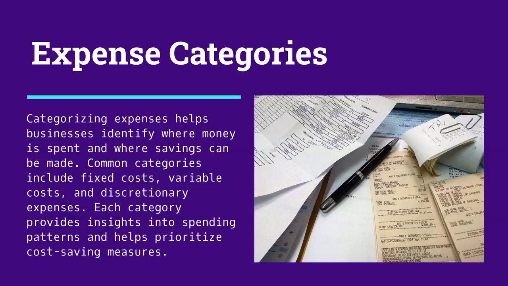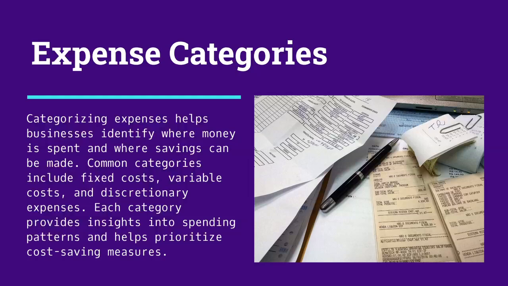And the interesting thing about categories is, okay, how many categories should I have? How much granularity should I have in categorizing costs? Well, there is no concrete rule here. You can have as many categories as you need. That would be the rule.